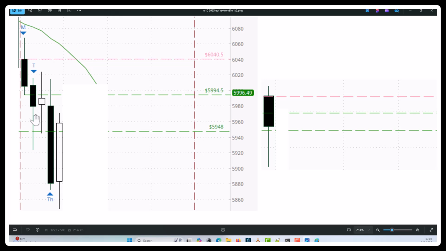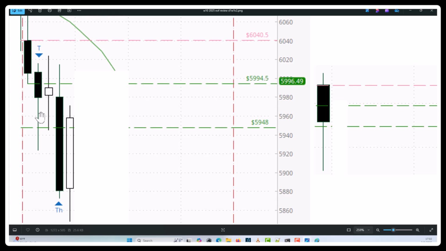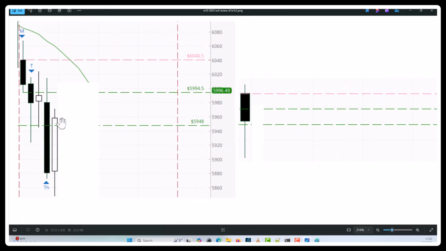Basically, this candle tells us that it does not have the sell-side liquidity in order to close below this level. So the algo has to go up to build up the sell-side liquidity. The same on Wednesday, in order to flush real hard and heavy on Thursday.